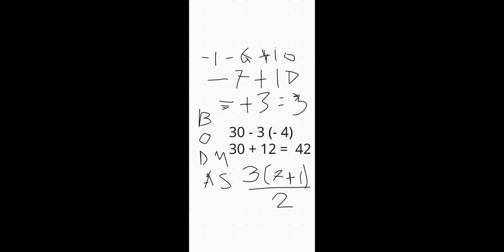Okay, now that you have done that, what's the next thing you will now do? Times 3. Good. 8 times 3 is what? 24. Good. Finally, what's the next thing you will do? 24 divided by 2.